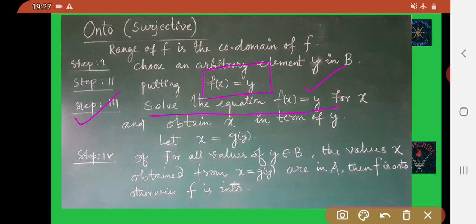for x, and you obtain x in terms of y. Solve this function and you get x in terms of y. That is, you may write x is equal to g of y.